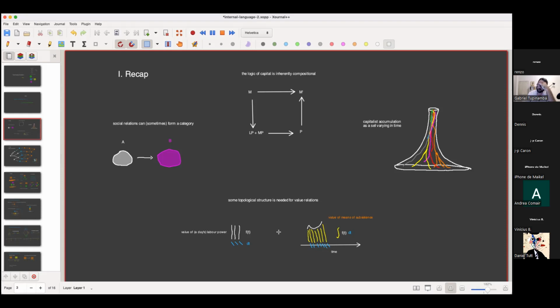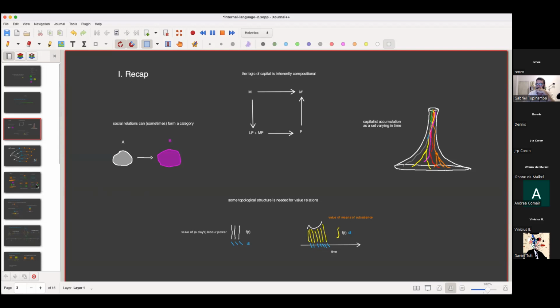To go from that macro scale, which is the scale that Marx operates in, and zoom into the individual wage, which is what you're paid for, like a day's worth of labor or an hour's worth of your labor, we need this conception of time and intervals of time, like subsets of time. So this zooming in and out is something we would like to have, because that allows us to describe things like surplus extraction.